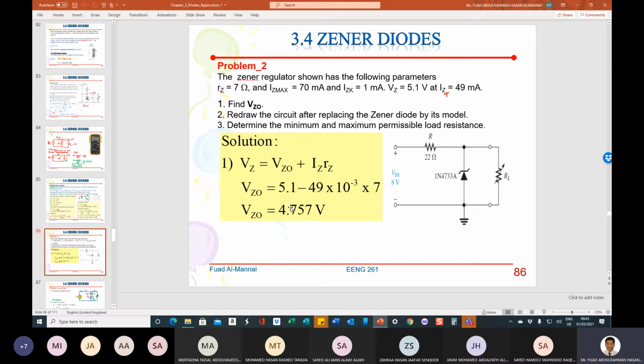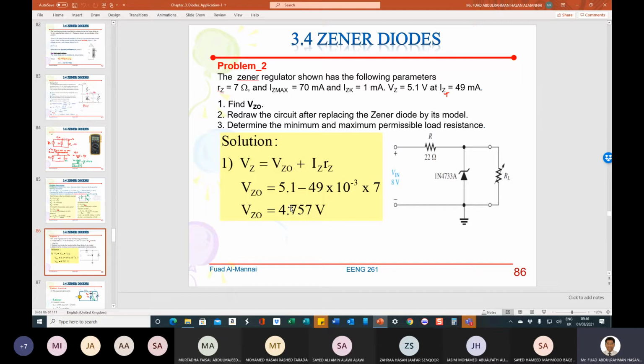The less RZ for the Zener diode, the better. And IZ max is 70 milliamp. IZK, which is the minimum, is 1 milliamp. And he said VZ is equal to 5.1 volt at IZ equal to 49 milliamp.